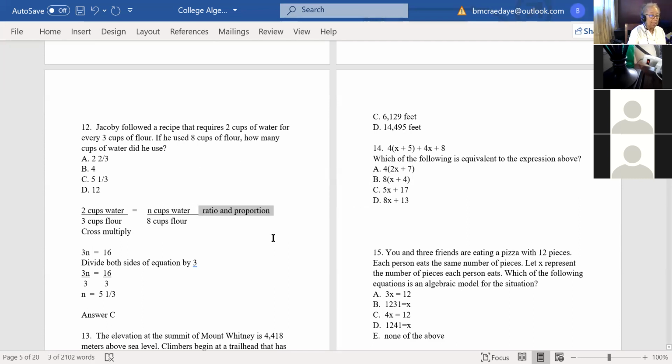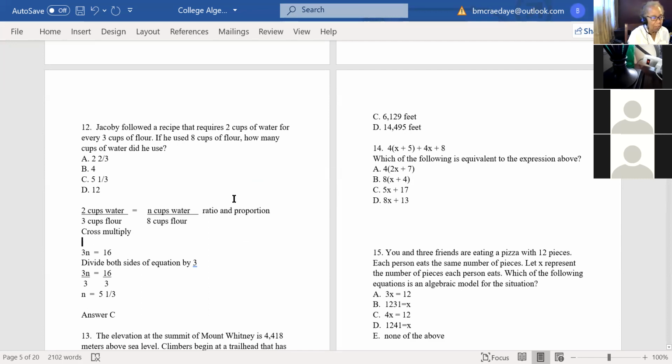Now, like I said, this is not the only way to set it up. You could have said 2 cups over N cups is 3 cups over 8. Either way, when you multiply, you're going to get 3N equals 16.